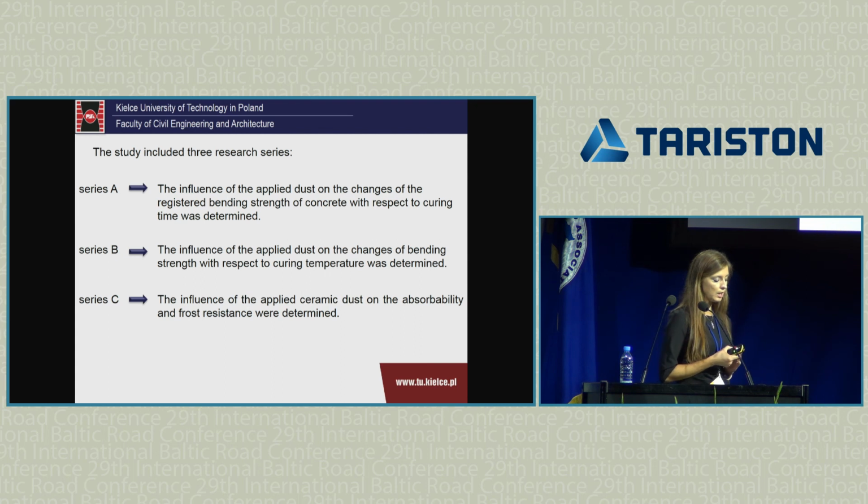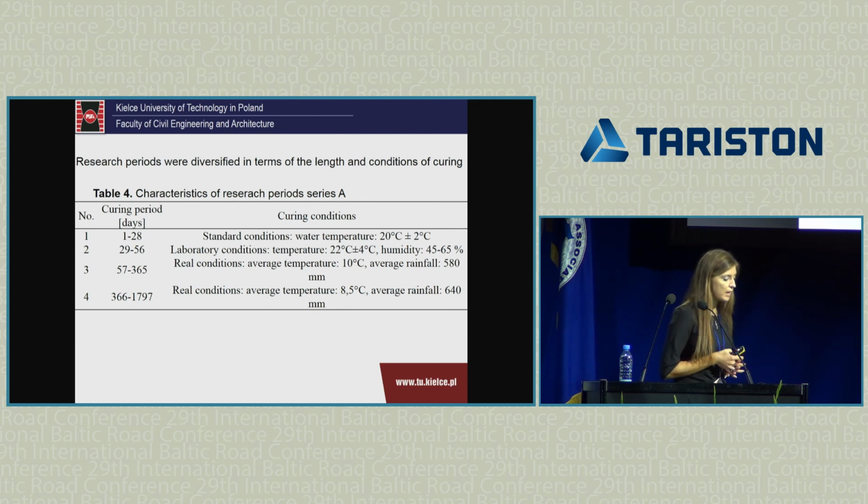In series B, the bending strength with respect to the curing temperature, and in series C, the influence of the applied ceramic dust on absorbability and frost resistance were determined. The research periods included in this test are presented in table 4.